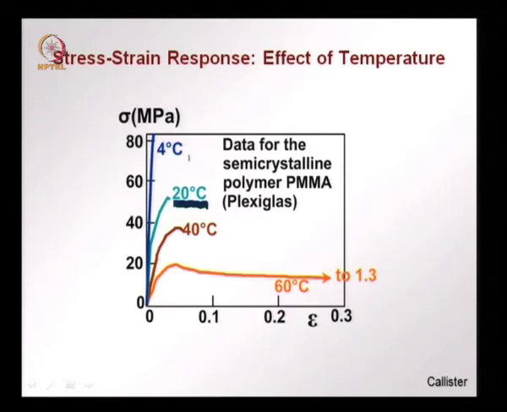On the other hand, when temperature is decreased, if we look at 4 degrees Celsius, we find that the strength is higher, it exceeds 80 megapascal, but then after that the failure is very brittle. So, just like we saw in the case of iron, as temperature decreases, strength increases, but ductility or elongation to failure decreases.